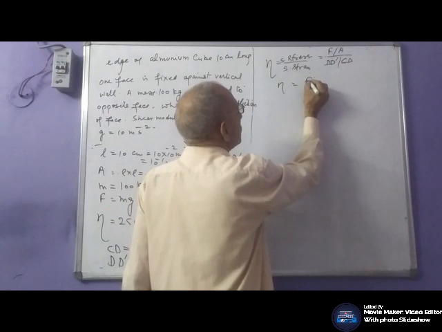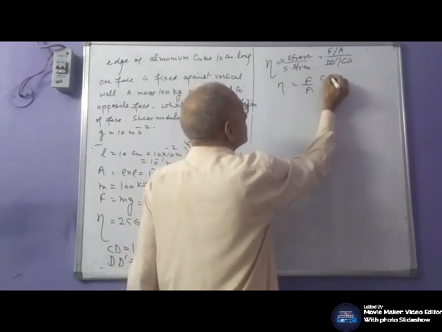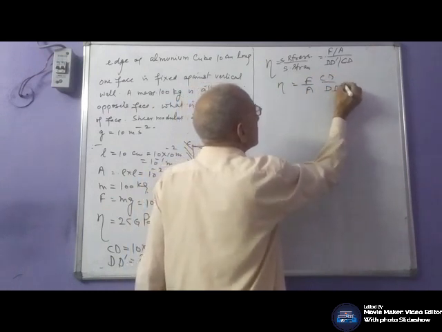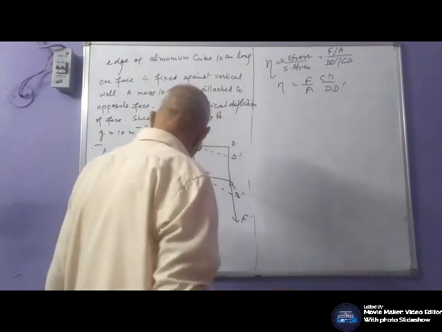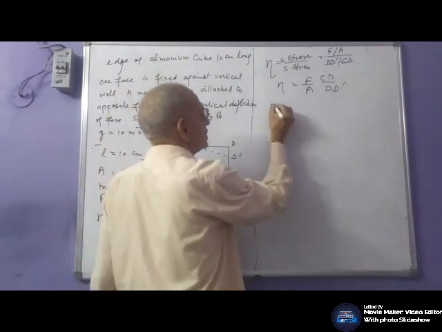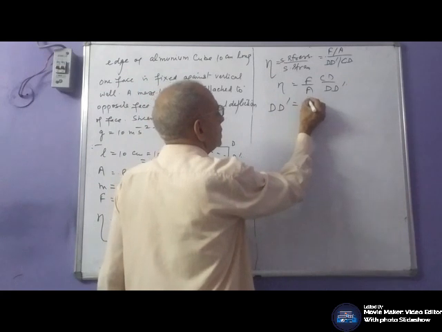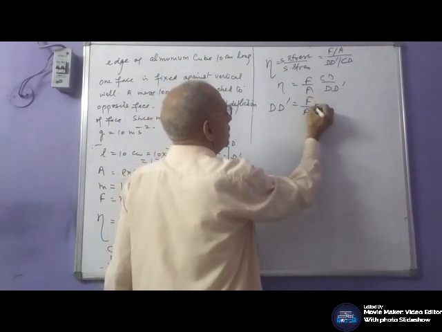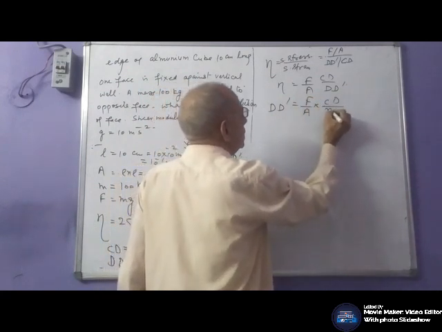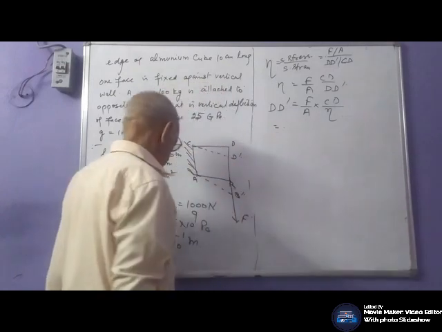Eta is F by A times CD by DD dash. I have to find DD dash. It is F by A into CD by eta.